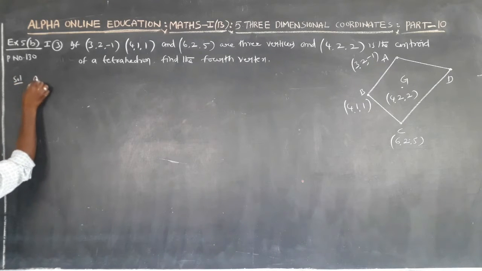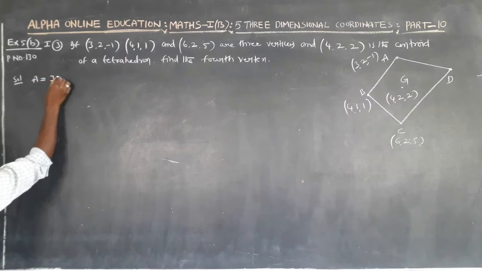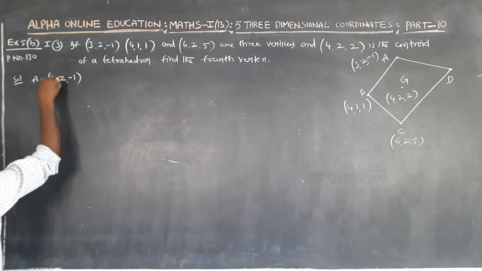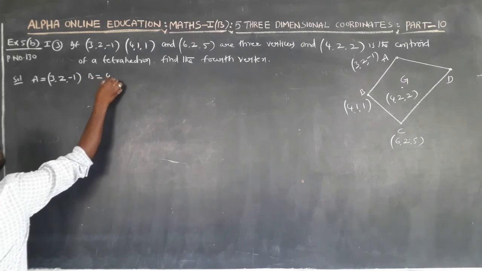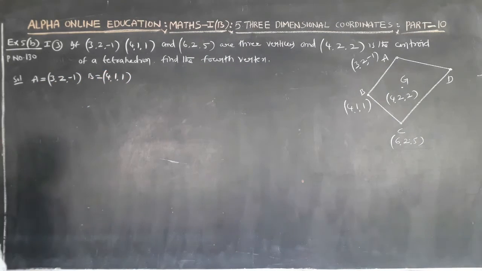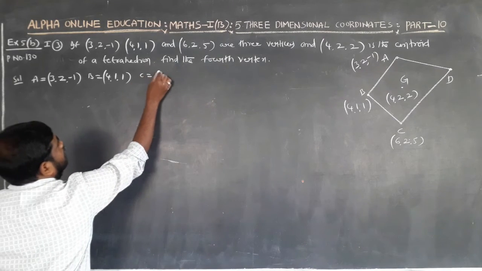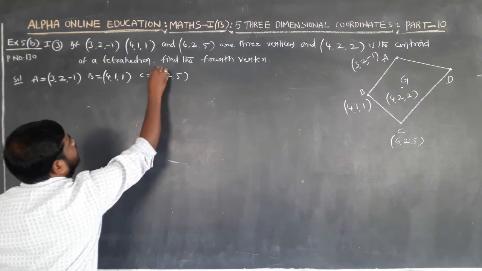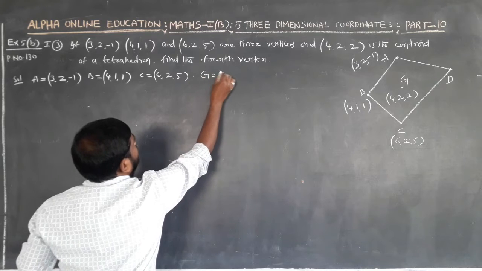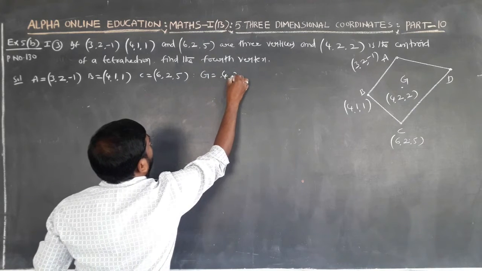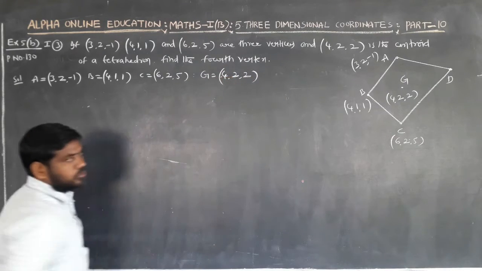Here, given that A vertex 3 comma 2 comma minus 1, B vertex 4 comma 1 comma 1, C vertex 6 comma 2 comma 5, centroid 4 comma 2 comma 2.